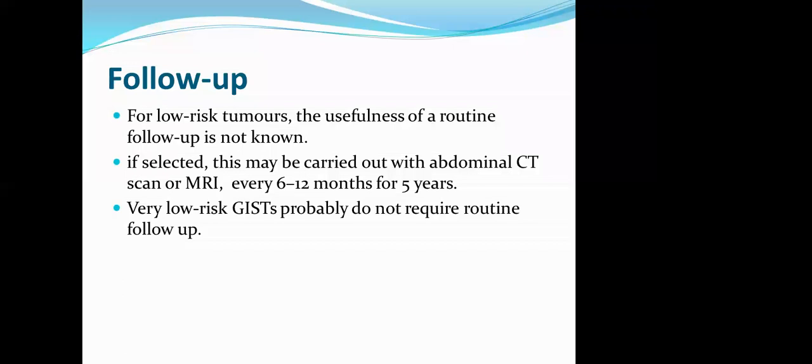As you rightly said, they present in our country with huge abdominal masses, and most of the time they have been wandering around for some time. Usually, like other tumors in this country, they present late.